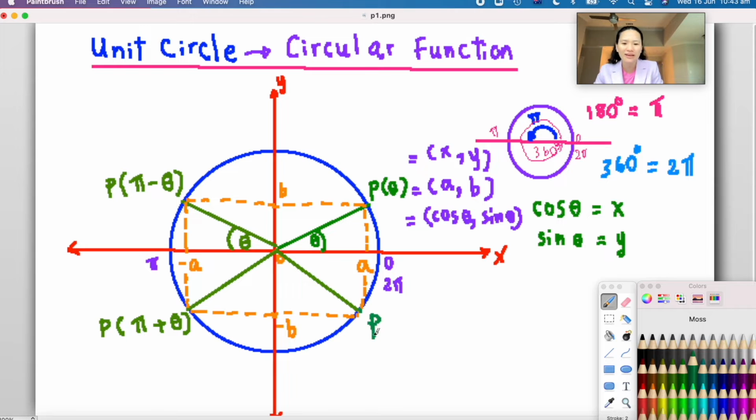So this point is 2 pi minus theta. Yes, that's it. Alright. Are you with me? Can we go together step by step? Don't forget that you need to write down with me as well. Okay. Ooh. Looks good.